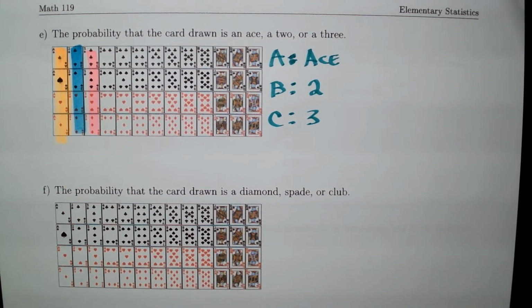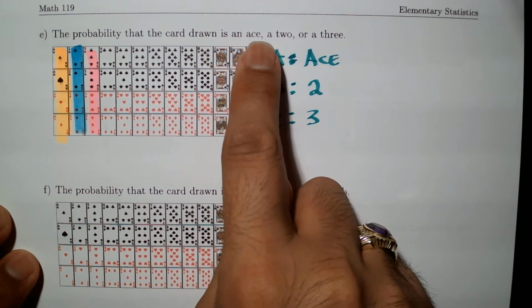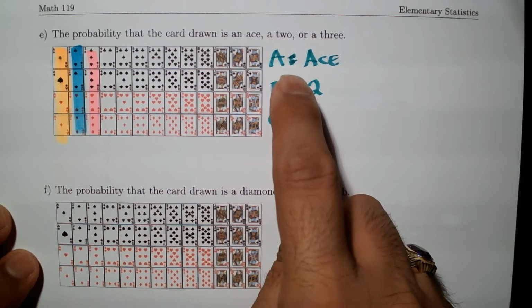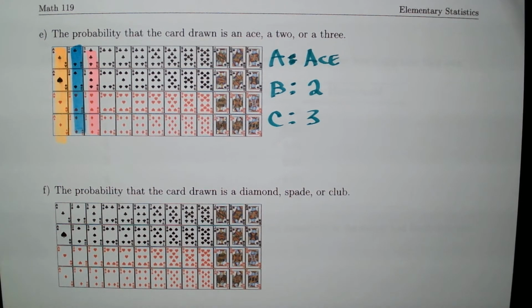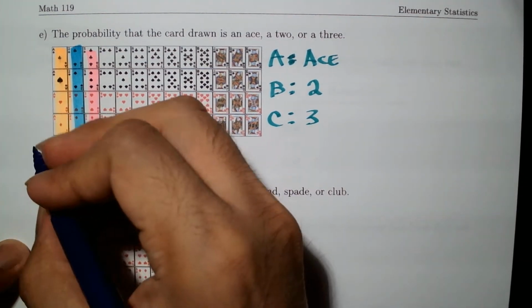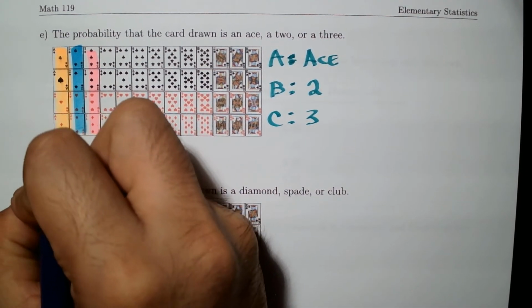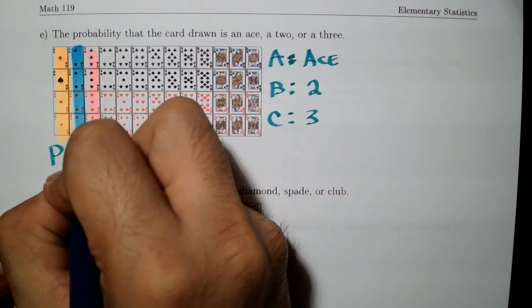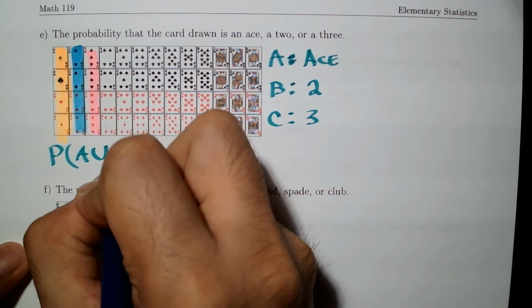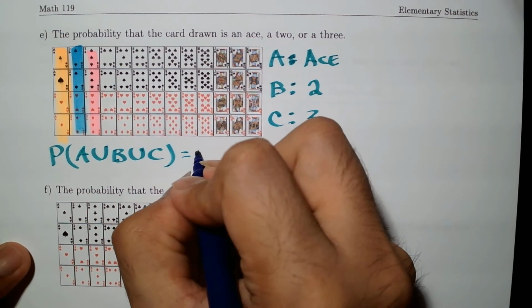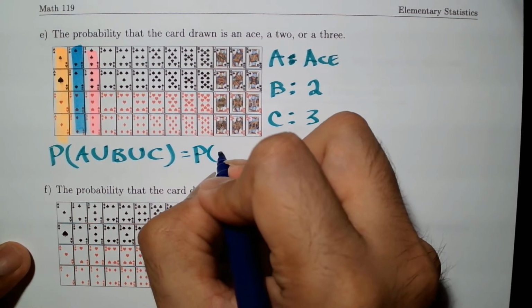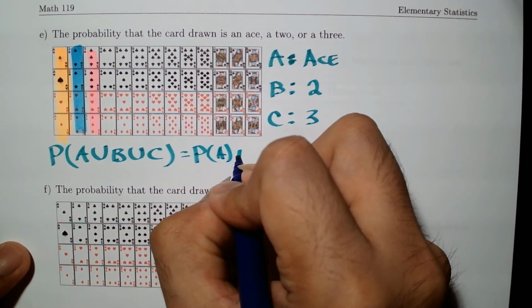So in this case, we are going to find the probability that either A or B or C, using the right notation here, we get the probability that A or B or C, which is going to be the sum of each individual probabilities.